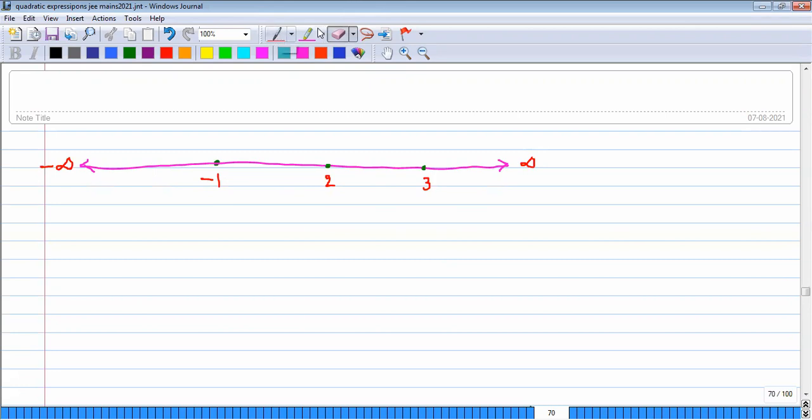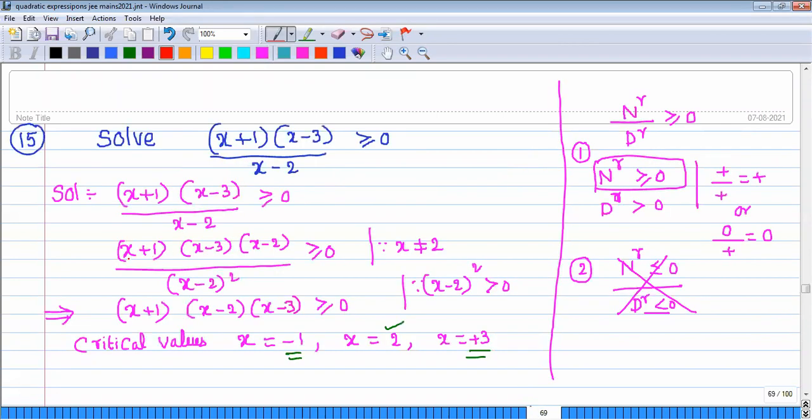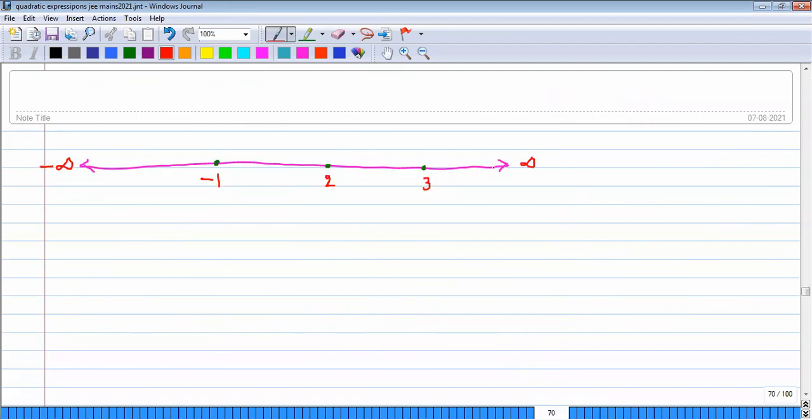Just check the coefficient of the highest power: x into x into x, x cube coefficient is 1, positive. So the curve begins from the top, and the sign alternates.